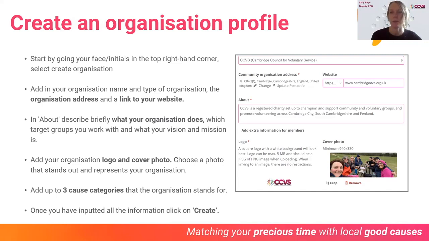You'll then be asked to add photos. There's two photos that you're asked to upload. One is the logo, and you can see that's got a little star next to it, which means you have to upload it, otherwise you can't create your profile. And then you have a cover photo, which is a long rectangular one because it goes at the top of the screen. Photos are quite important.